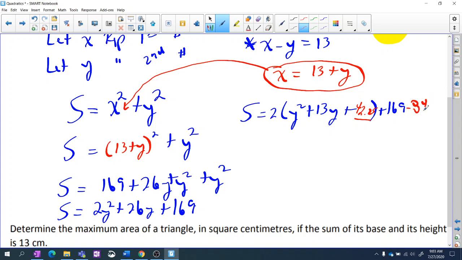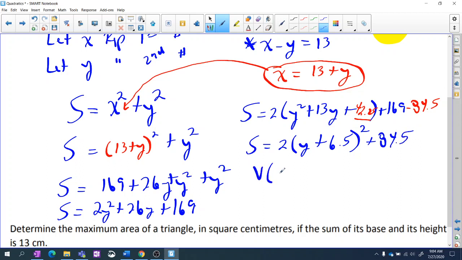So I'm going to take away 84.5. And we will end up with S equals 2(y plus 6.5) squared, 169 minus 84.5 is 84.5. Should know that. Vertex negative 6.5, comma 84.5.